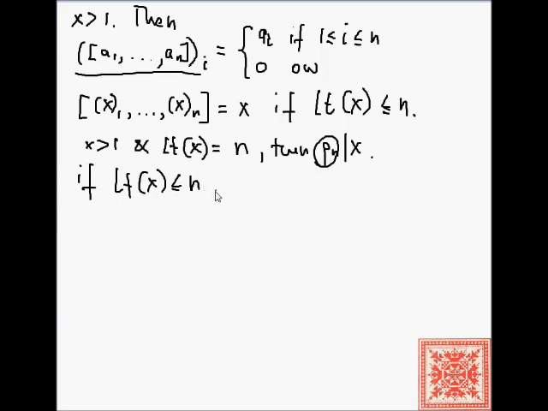So if the length of x is less than or equal to n and x is strictly greater than 1, then if we take the components of x with our accessor function and reassemble them into the Gödel number, we get back the original x.